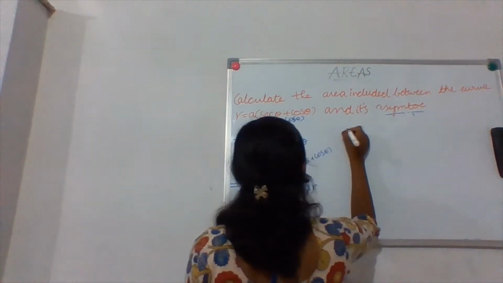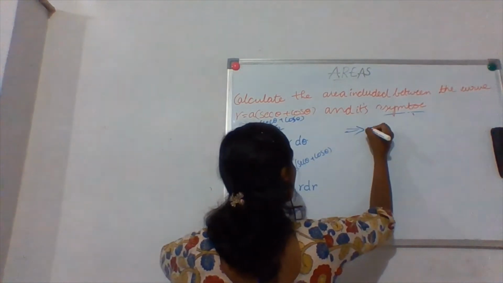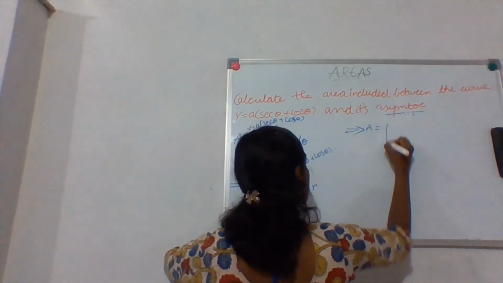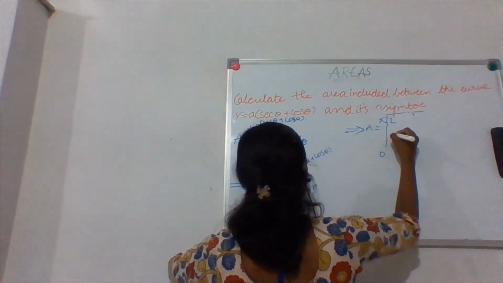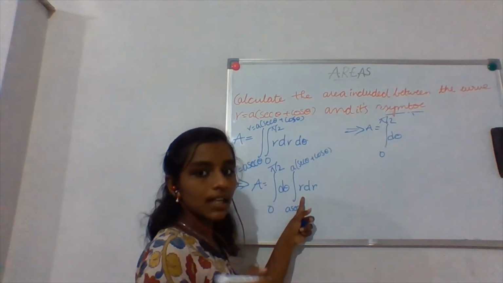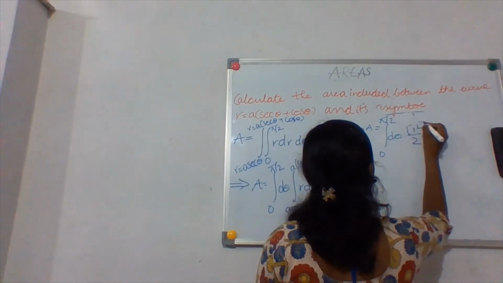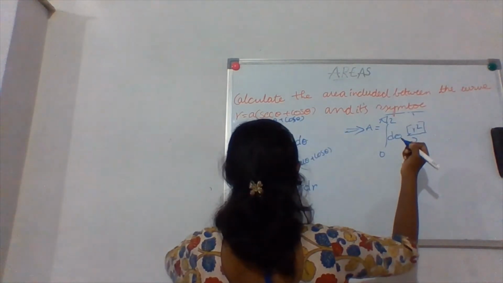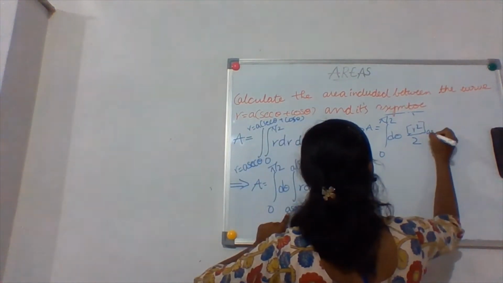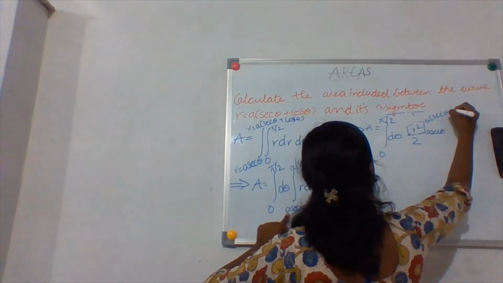And now the area is equal to the integral from 0 to pi by 2 of d theta. Integration of r is r square by 2, right? So r square by 2 from a secant theta to a of secant theta plus cos theta.